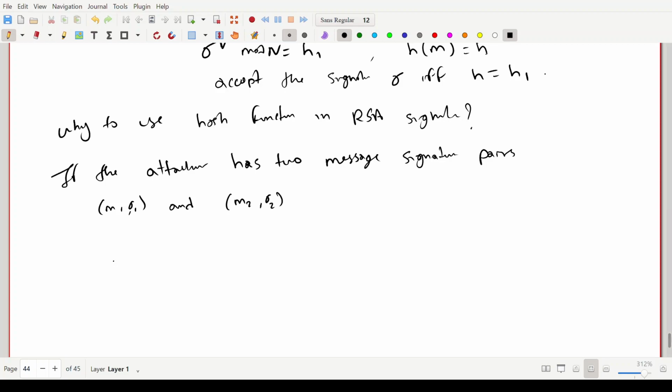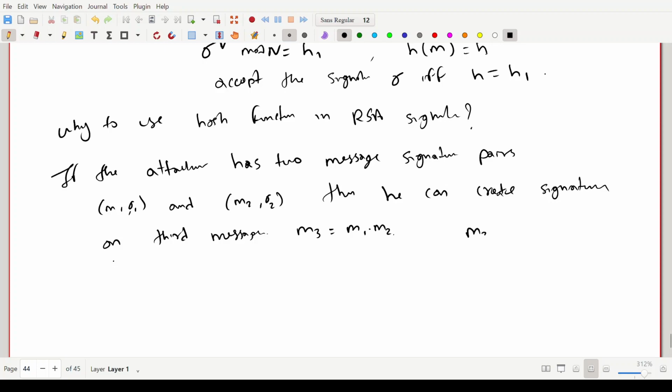Then he can create a signature on a third message, say m3, which is m1 into m2. How will he do that? He will just multiply both the signatures, sigma 1 and sigma 2.